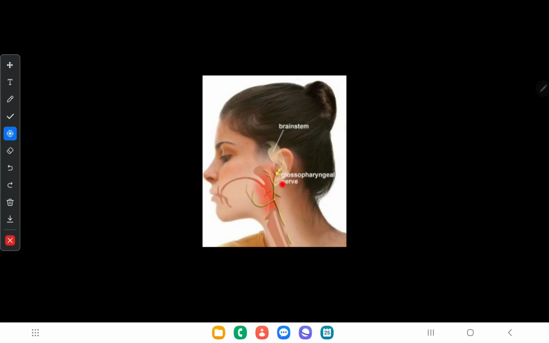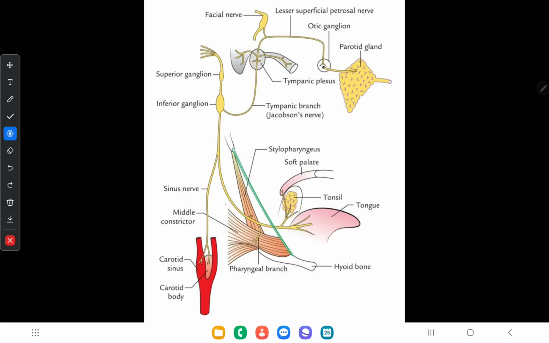In this area, there is severe intractable episodic pain due to this glossopharyngeal nerve. If you are doing a nerve block surgery, the nerve is approached through the tonsillar fossa. Sometimes isolated glossopharyngeal nerve injury may occur during tonsillectomy.